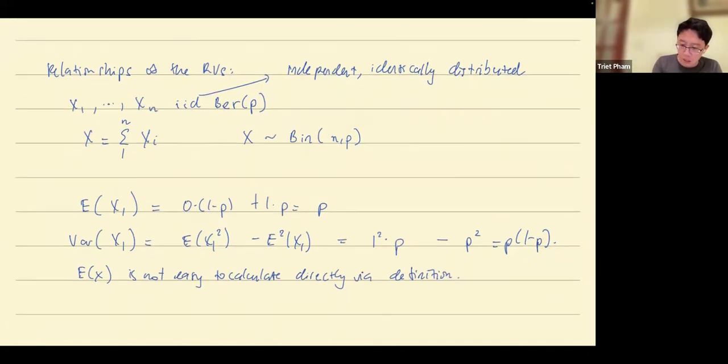However, knowing that X can be written as a sum allows us to use the linearity of expectation, and each of these is P, so the expectation is N times P.